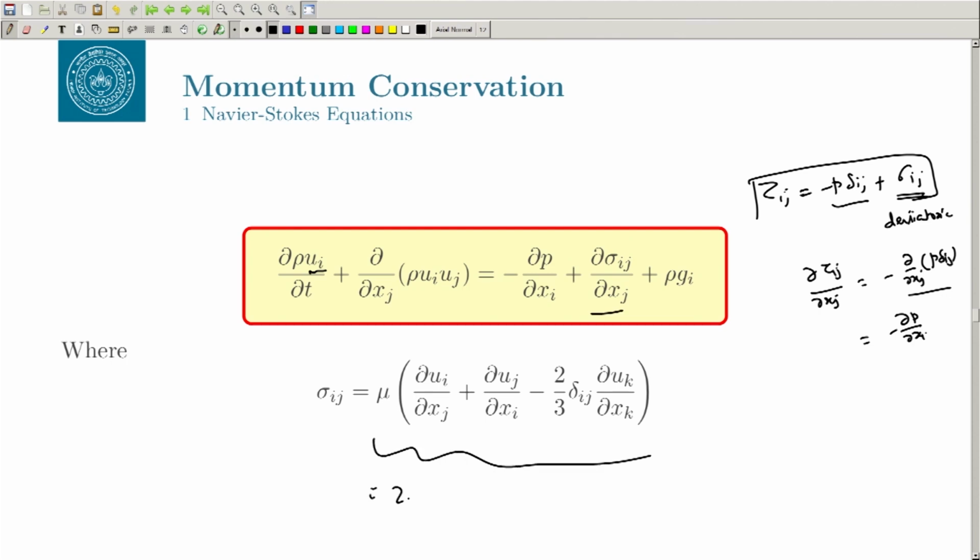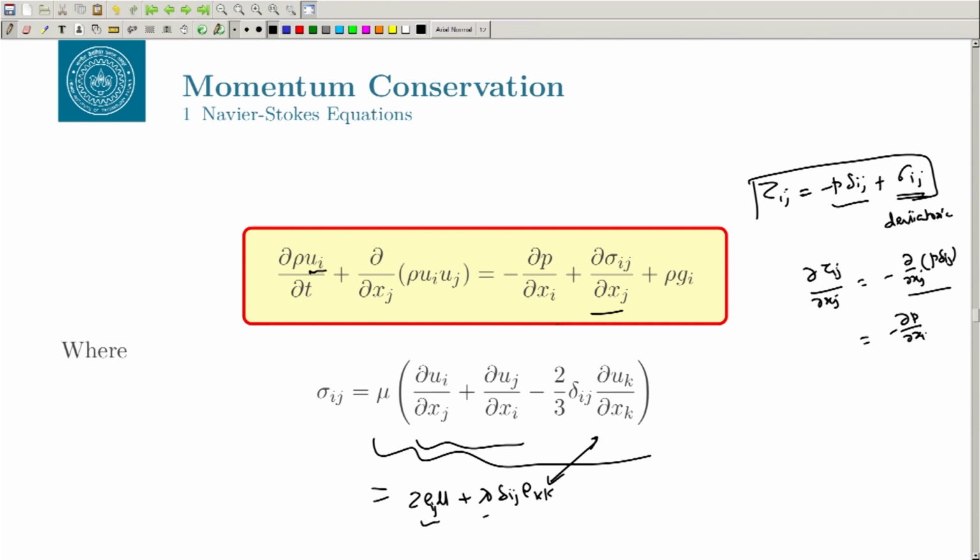This is 2 mu E ij plus lambda delta ij E kk, right. E kk is del u k by del x k, lambda is equal to minus 2 by 3 mu, and E ij is basically half of del u i by del x j plus del u j by del x i. So, this completes our derivation.